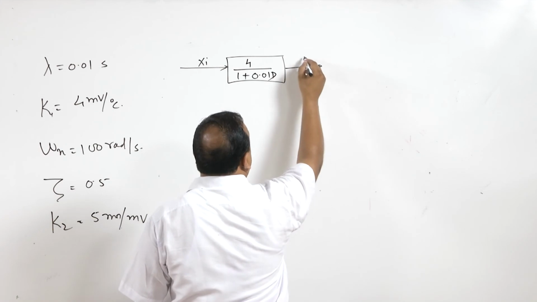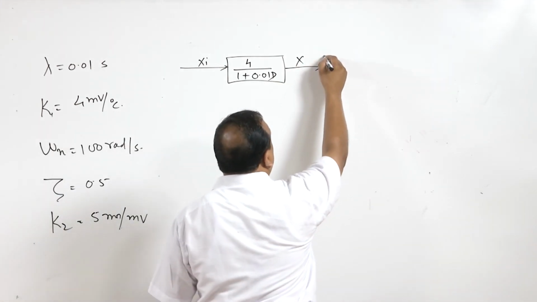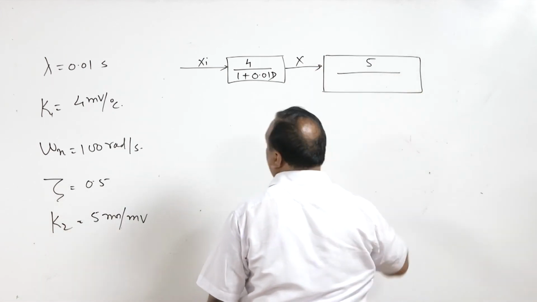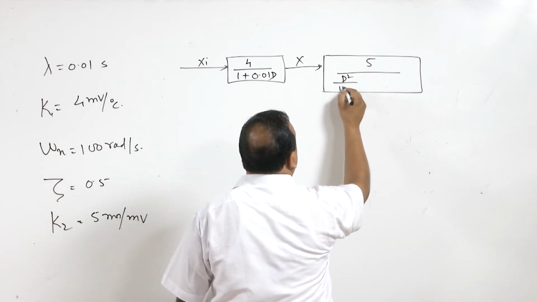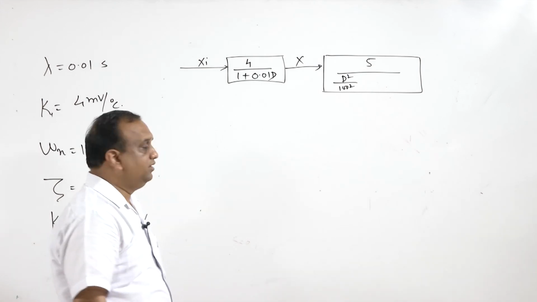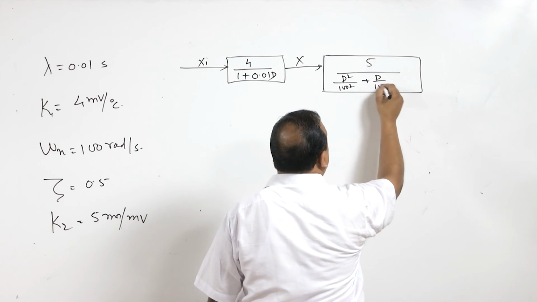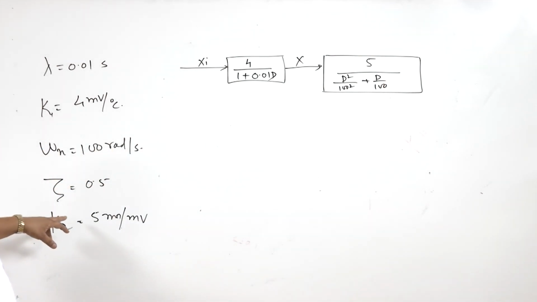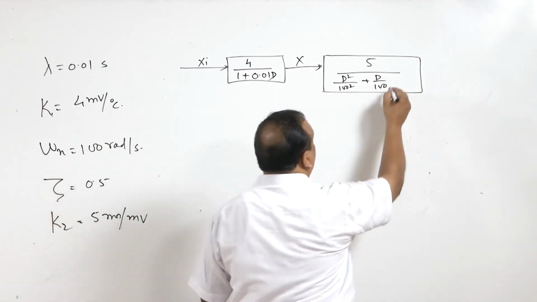Then we are getting some output x from this instrument, and this output is going to another instrument which has transfer function 5 divided by d square by 100 square plus d by 100 plus 1, because 2 zeta will become 1, since zeta is 0.5.